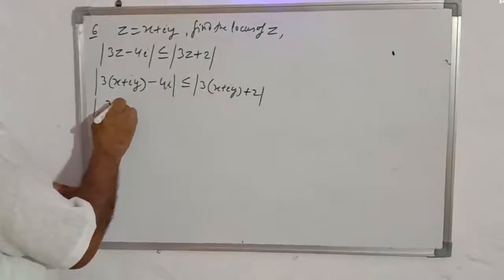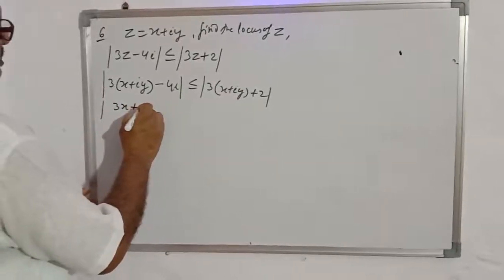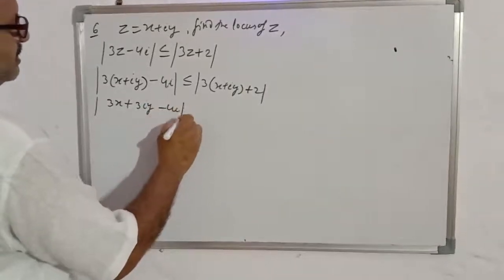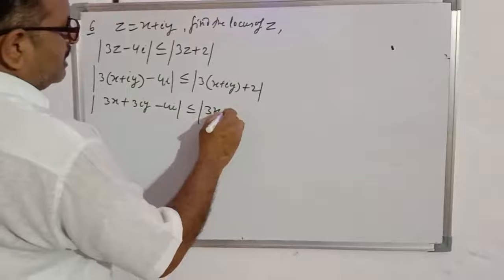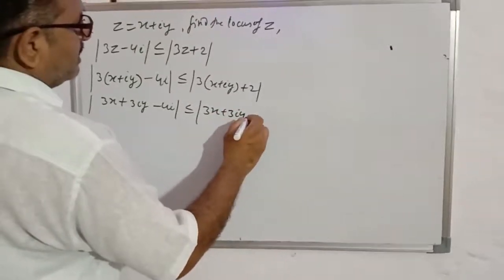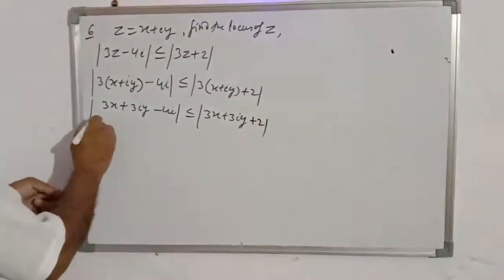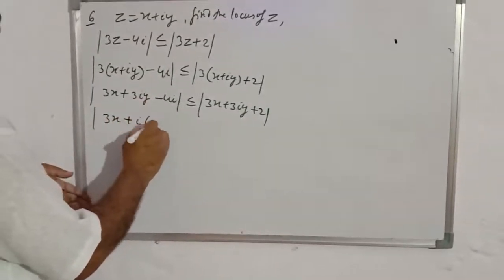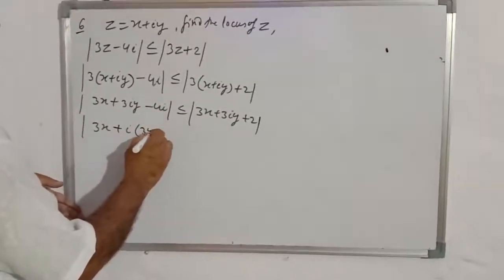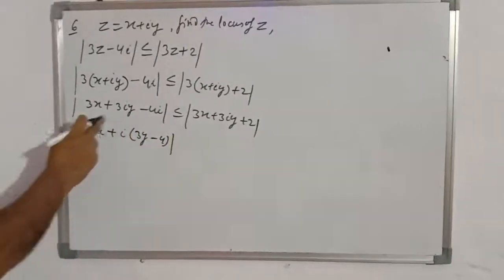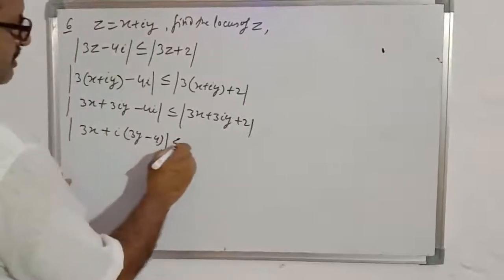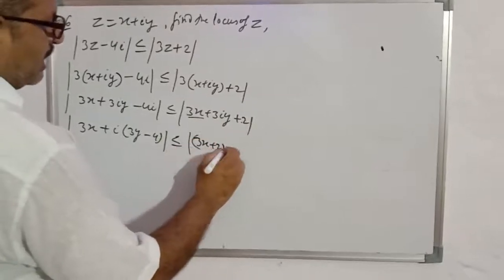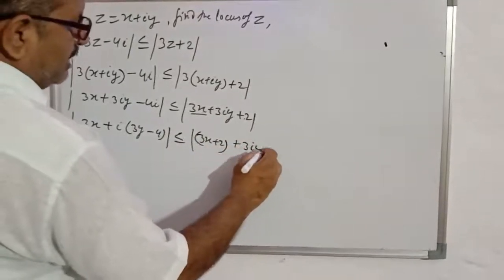Open the bracket: 3x + 3iy − 4i ≤ 3x + 3iy + 2. Real part is 3x. Take i common, we get (3y − 4)i. Here the real part is 3x + 2 and the imaginary part is 3iy.